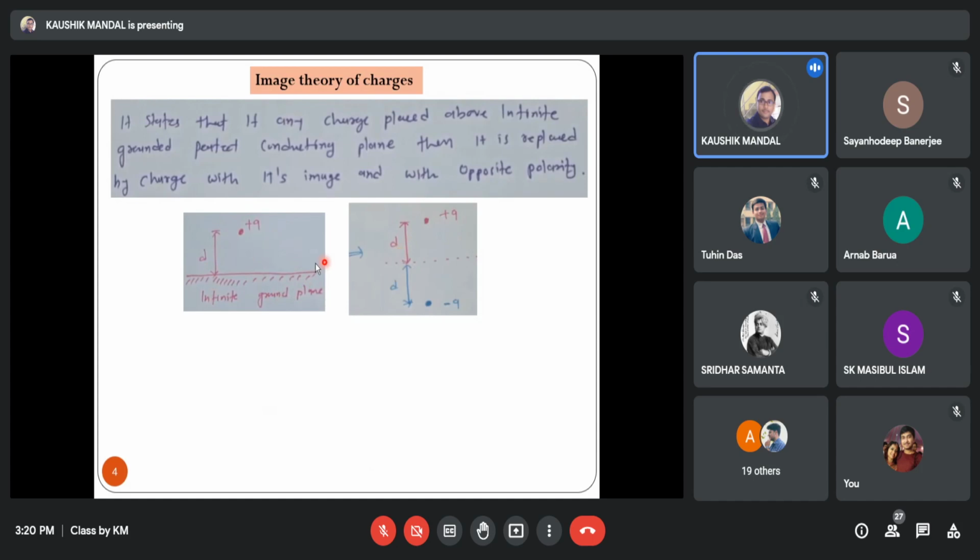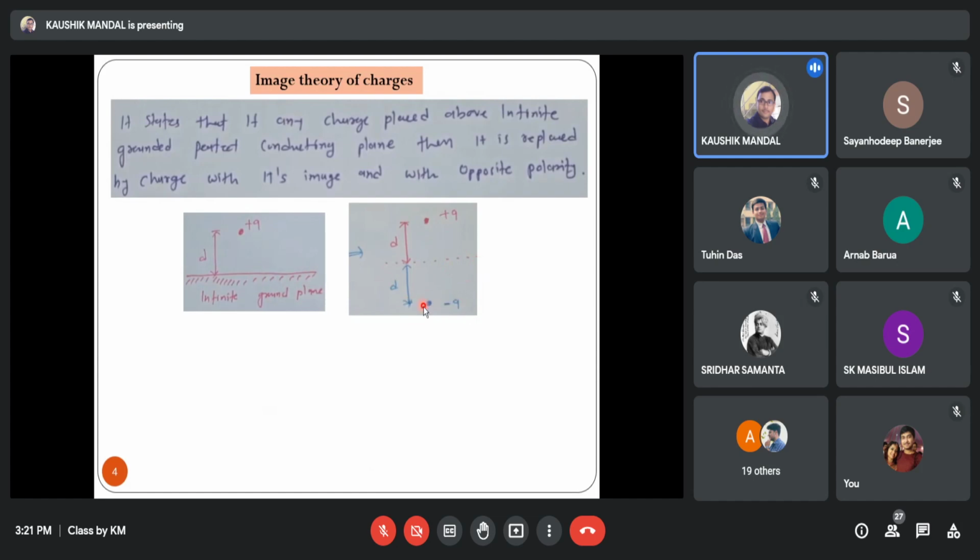Now we are moving to the second figure, where this plus q charge is above the ground plane, and the ground plane is replaced or removed. In place of the ground plane, we are drawing a dotted line. If you place a mirror at this point, the image of this charge will be this one.